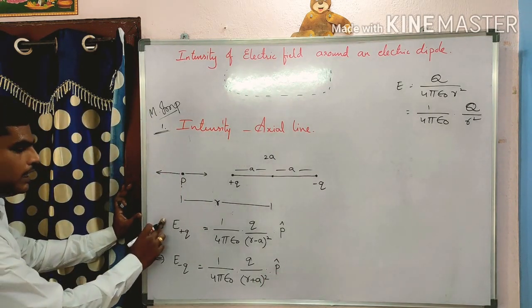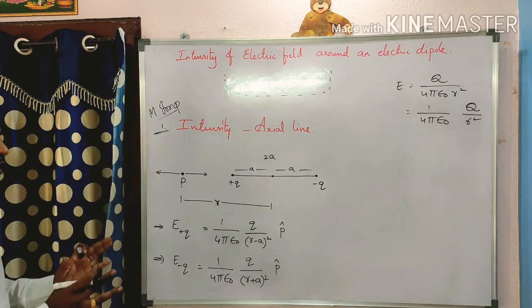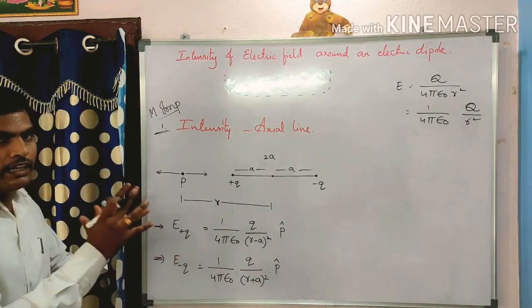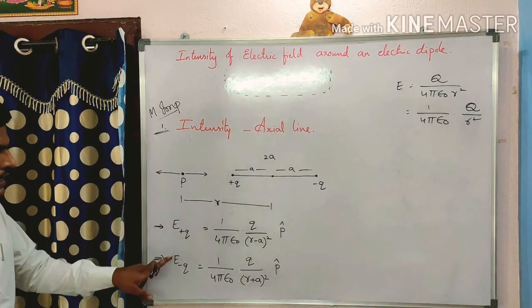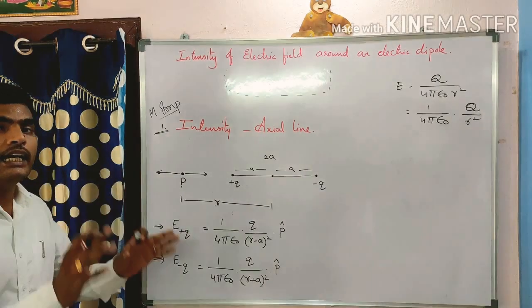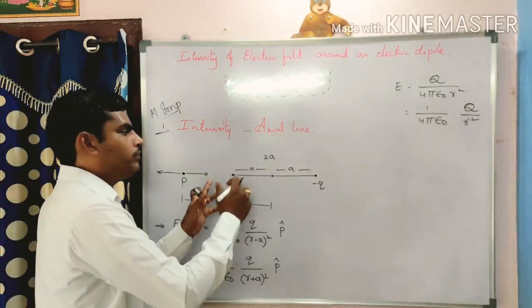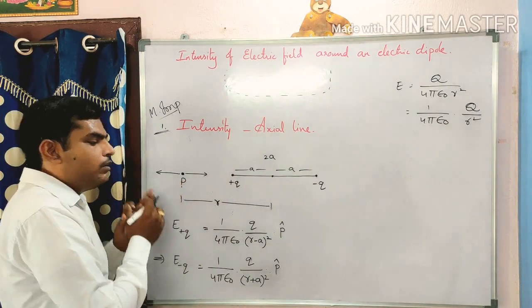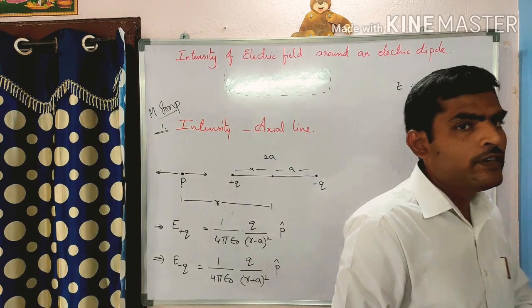So two charges are there, E plus Q and E minus Q. I want to know the net electric field due to both of these charges at point P. Then what do I have to do? Principle of superposition.